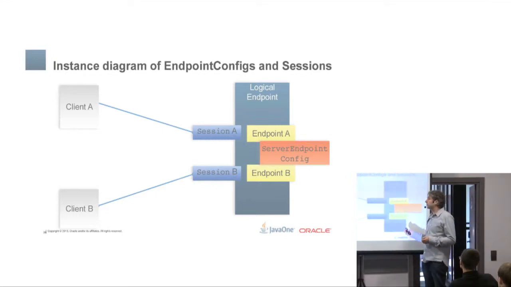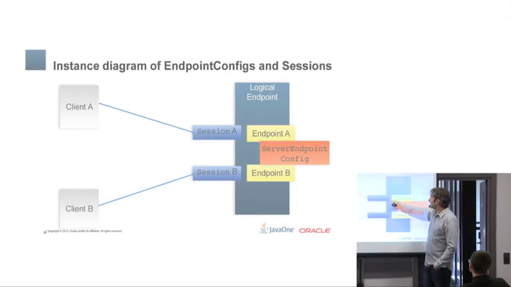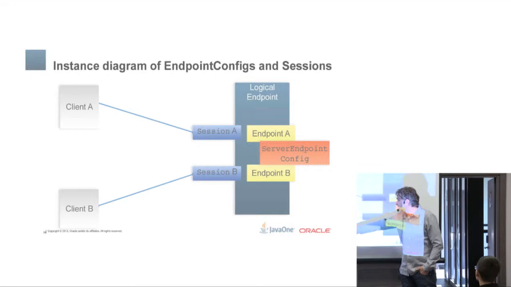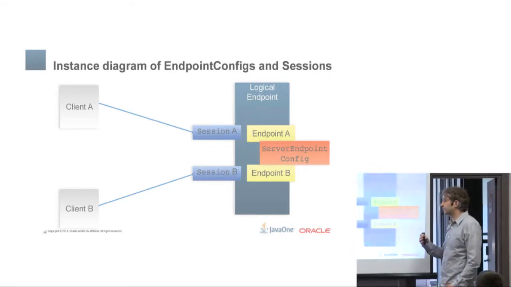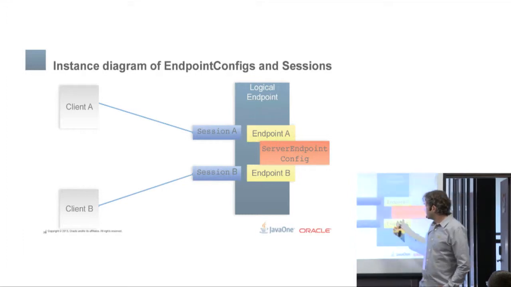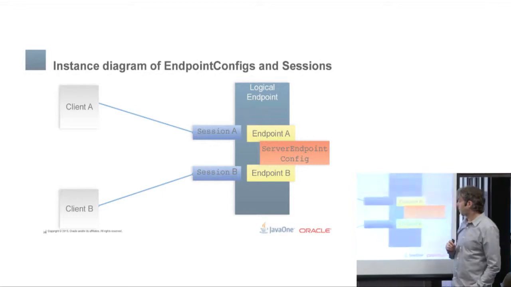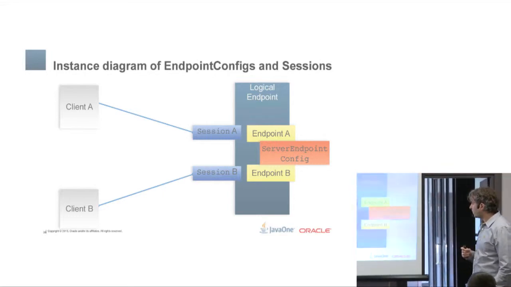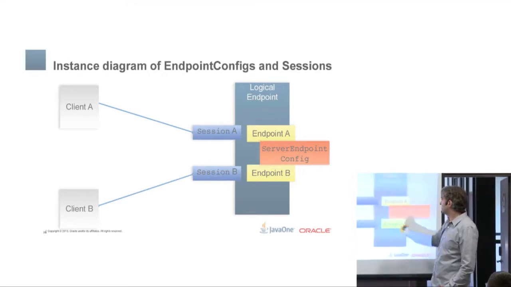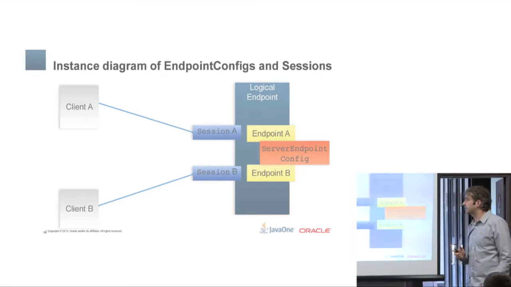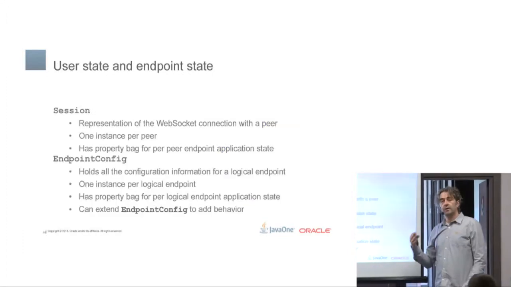So we have two sessions: between my client endpoint and my remote endpoint A, and the same for client B, which connects to the remote endpoint B. Obviously, remote endpoint is a logical view; from the server, this is a remote endpoint. So we have two objects: the session object and the server endpoint config object, that we can use to store information.